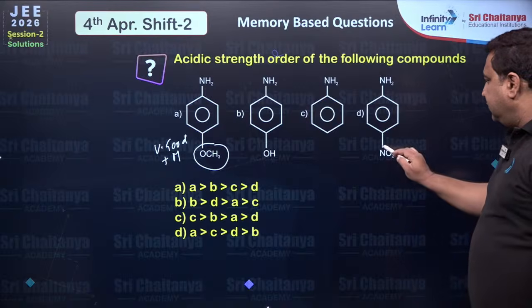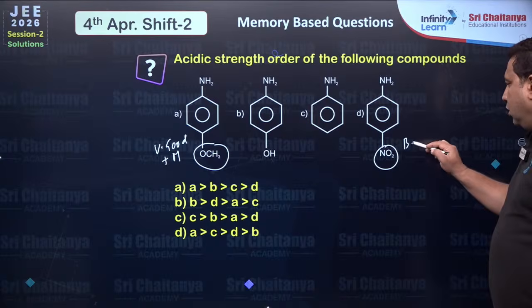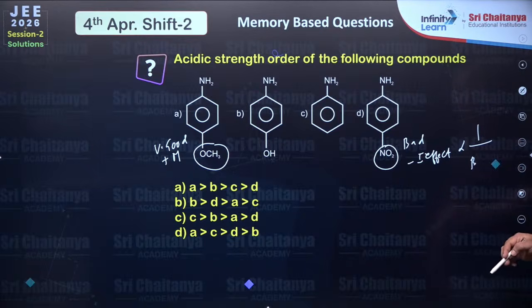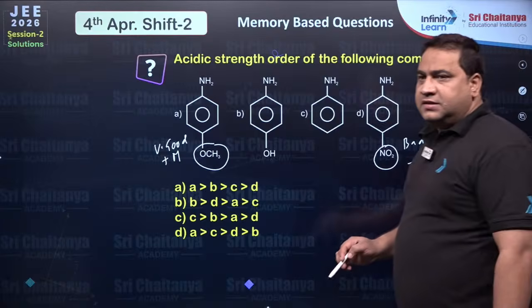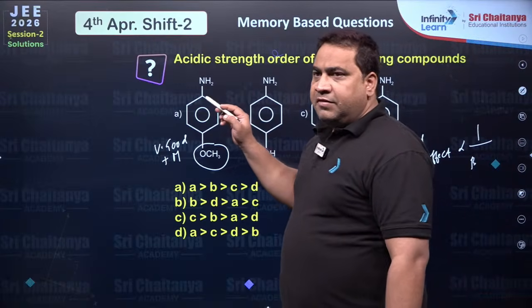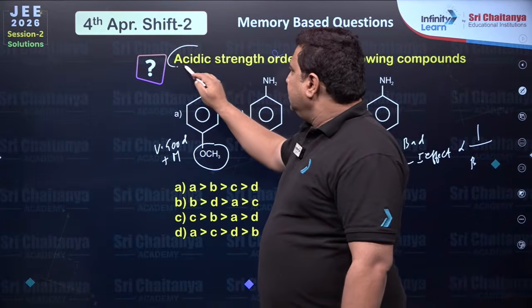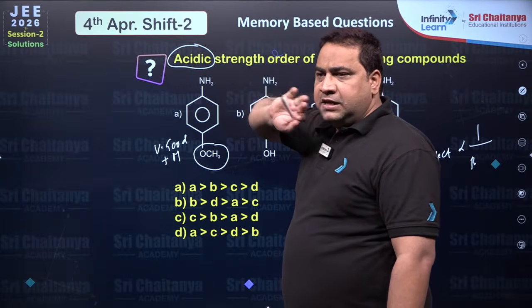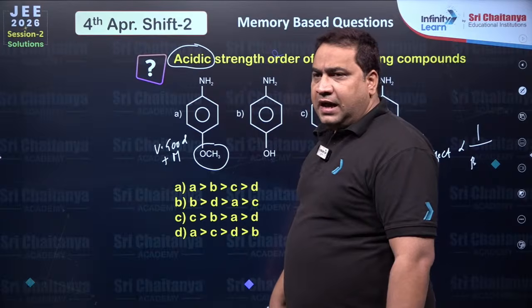Right? And this is a bad group, or it has a minus I effect, which is inversely proportional to... Hey, is this asking acidic strength? Everyone, is he asking acidic strength or basic strength? Srinivas, in the exam, did acidic strength come?